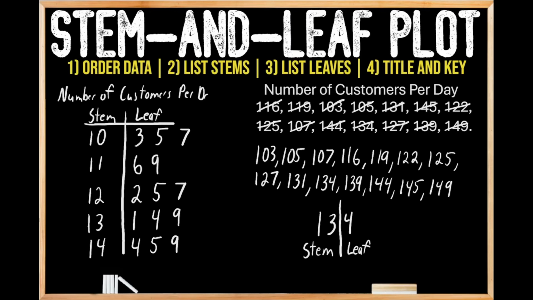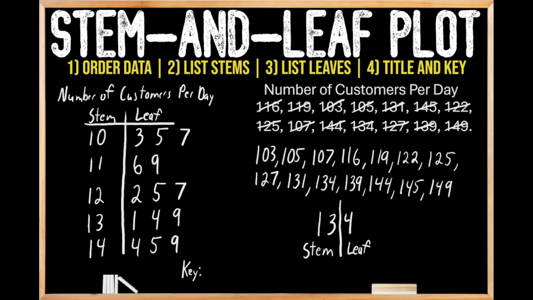And then for our key, well, our key is to allow our reader to understand what each one of these data points means. And we've already created a key over to the right-hand side here for our data point of 134. So we're going to go ahead and use the exact same example in our key for our stem and leaf plot. So on the bottom right here, we're going to write key.